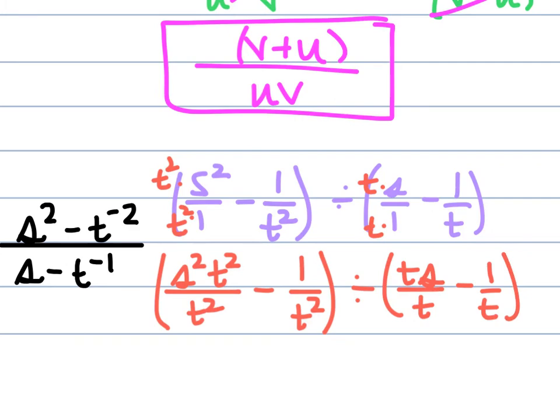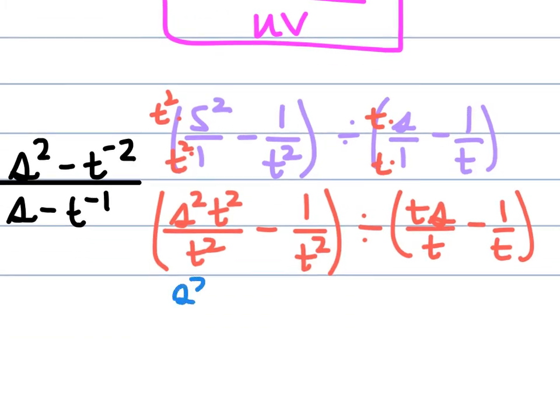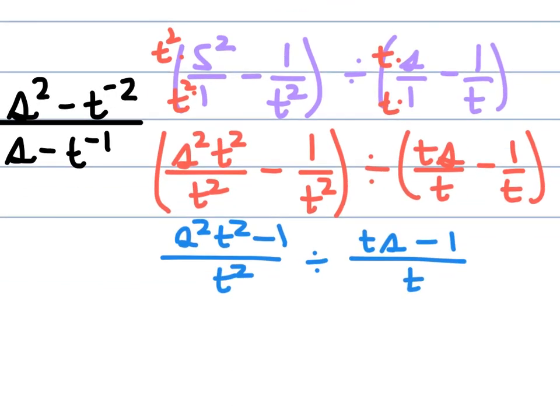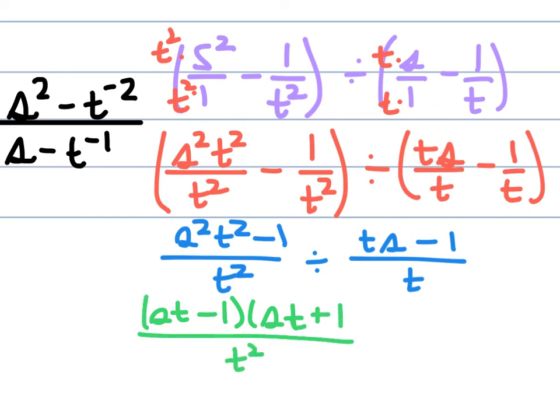So this is now going to be s squared t squared minus 1 over t squared divided by ts minus 1, or st minus 1, over t. When we factor the first, we're going to have st minus 1 times st plus 1 over t squared.